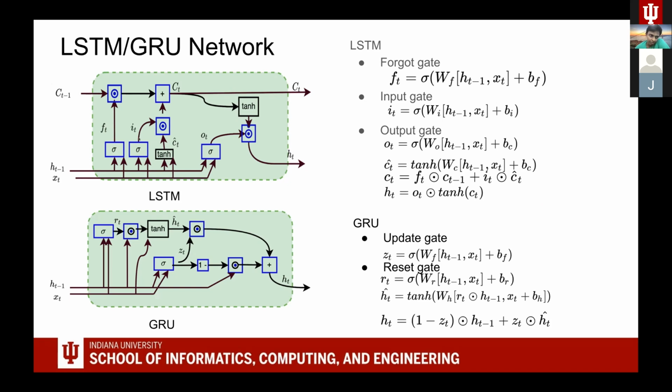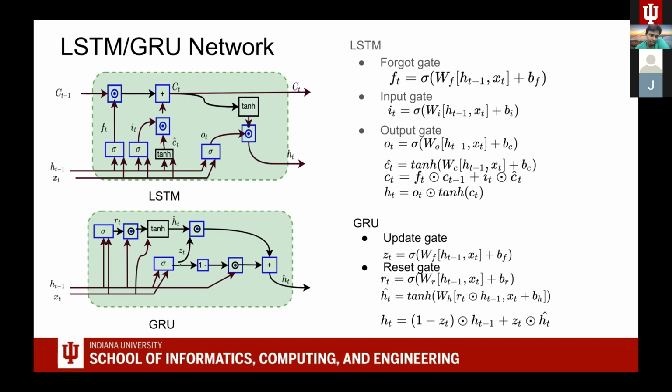The input gate controls the contribution from the current input, and the output gate controls the amount of hidden state that is exposed to the next LSTM cell. As you can see, there are a lot of matrix multiplications, and we need to implement 3 gates as well. And there is this Hadamard product as well.